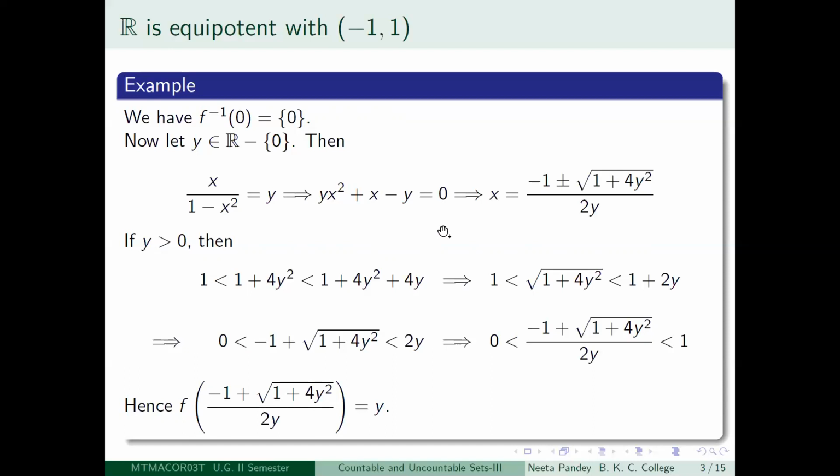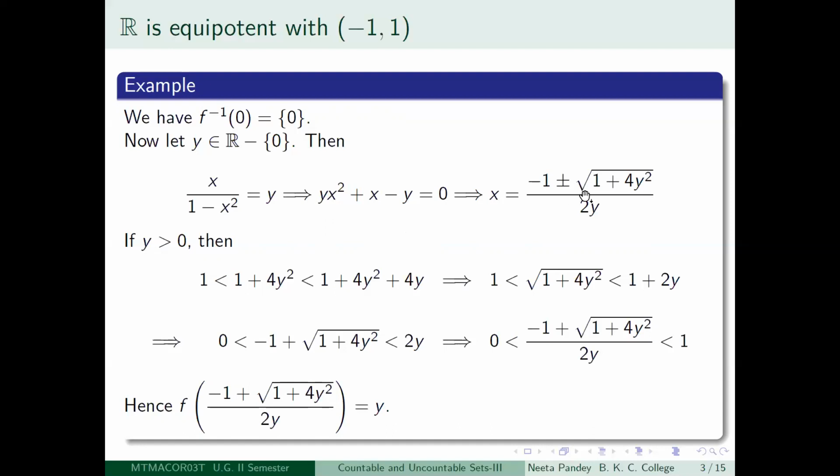Right? So in this particular equation, your b is minus 1. So you get minus of minus 1 plus or minus square root of b squared, so that becomes 1 minus 4ac. But ac here is minus y squared. So minus of 4ac means plus 4y squared.